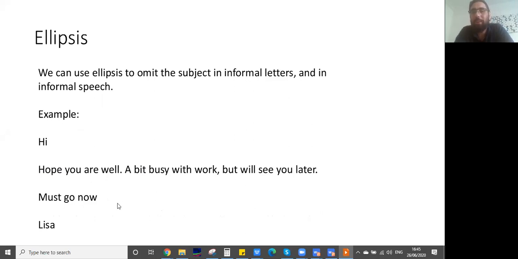I must go now. So this is a style of informal writing. In informal writing, we drop the pronouns, especially "I," or the pronouns that are clear. When it's obvious what the pronoun is, then we can drop it. I really suggest reading a lot of informal letters.